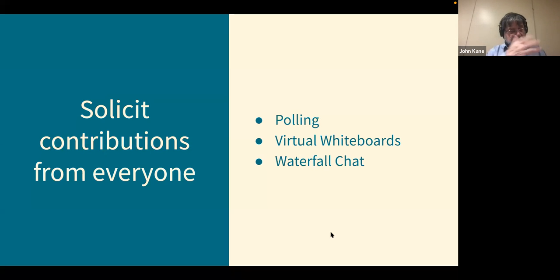On Zoom, there's what's sometimes called a waterfall chat, or 1, 2, 3, go, or chatterfall, all terms that people have used, where if you are meeting with a group of people in Zoom, you could ask people to answer a question, but don't press return or enter until you tell them to. And so that's why it's sometimes called 1, 2, 3, go, where I'll say 1, 2, 3, go. And when you hear the word go, press enter.